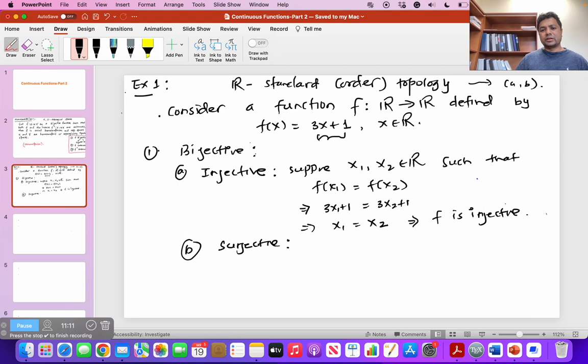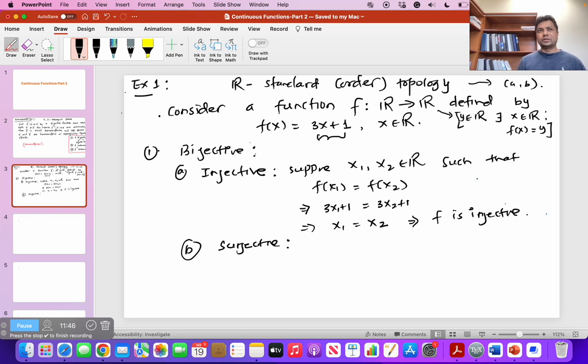So to show surjectivity, you can show that for every element in the codomain, there exists an element in the domain such that, for example, for every element y in the codomain, there exists an element x in the domain R such that f of x is y. This tells us that the range of your function and the codomain are the same.